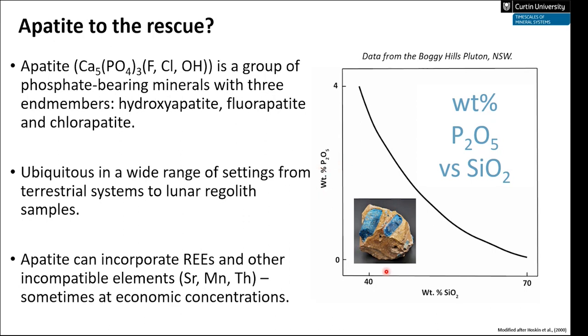With increasing weight percent silica, the percentage of phosphorus oxide decreases. In other words, it doesn't want to be in an evolved felsic melt. It has a low solubility in silica-rich melts. This trend is also seen in laboratory settings where doped glasses have been modeled. And again, phosphorus is not happy in major silica rock-forming phases.